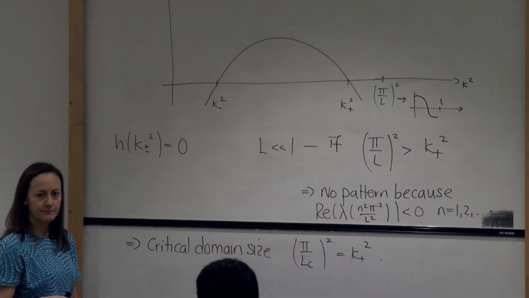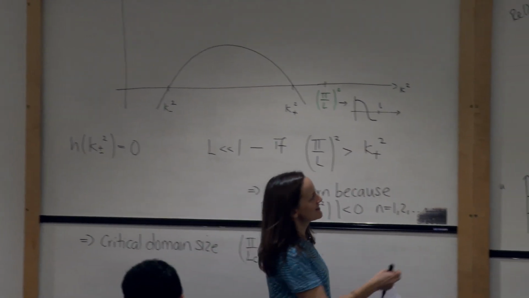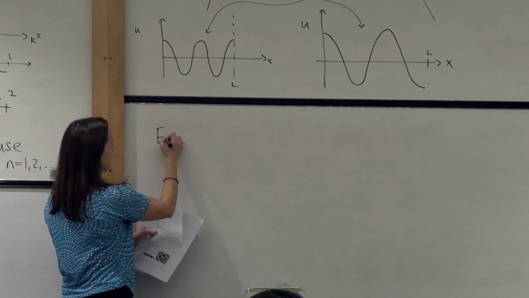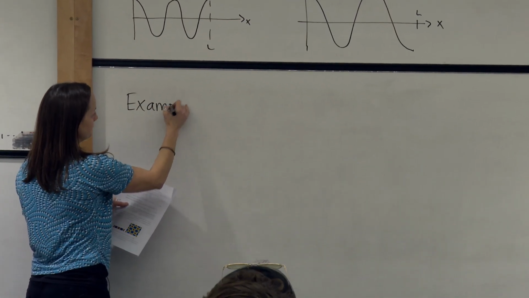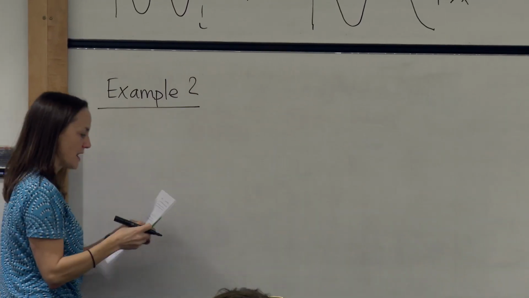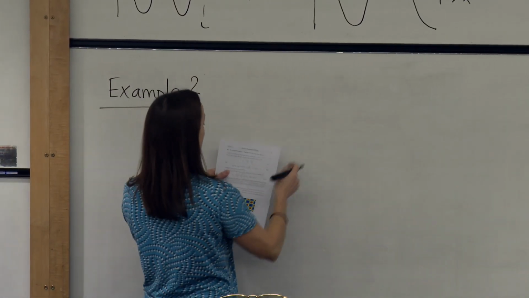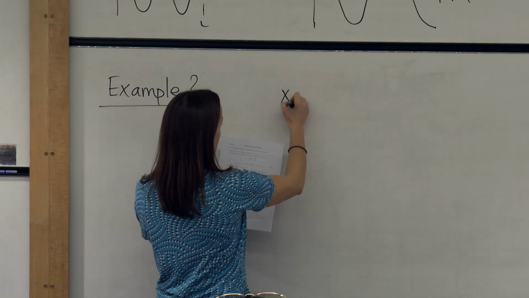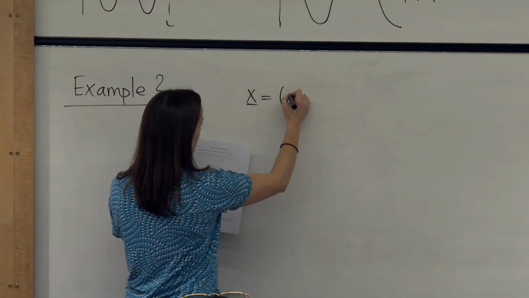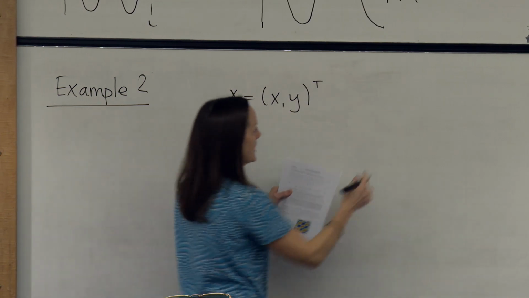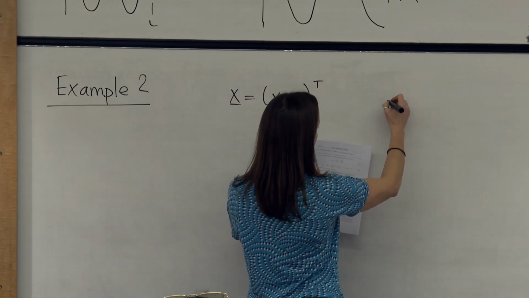All right. Let's think about extending our example just a little bit to go into 2D. Example 2. Let's suppose that now x is (x, y) transpose, so we're in 2D, and I just want to work on a rectangle.